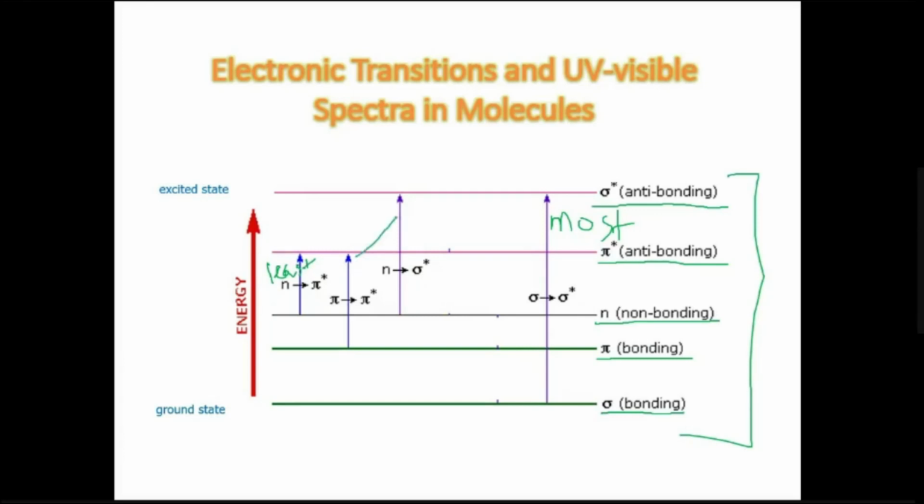Now compare these two. Pi to pi star is what? Less energy or more energy? Less energy. Very good. So n to sigma star is more energy.